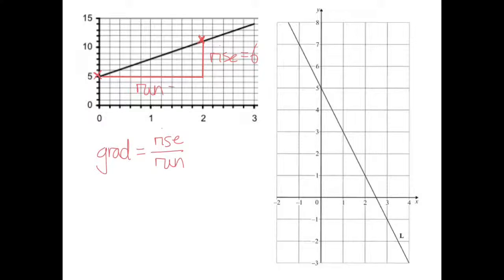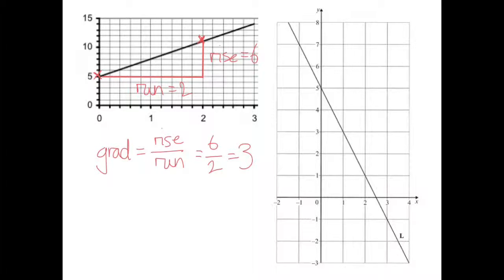And sometimes we just need to be a little bit careful, because although it's only a run of 2, there are 10 squares there, but the scale says that it's a run of 2. And so for this first line, its gradient is the rise over the run, which is 6 divided by 2, which is 3. And that's a positive gradient, as we'd expect, because it's going up from left to right.